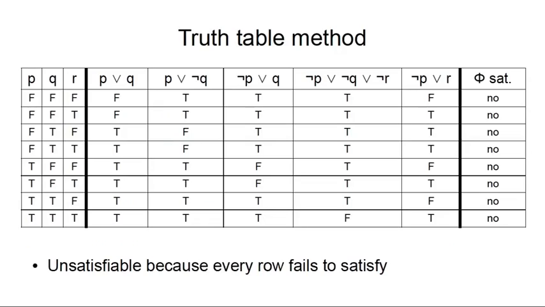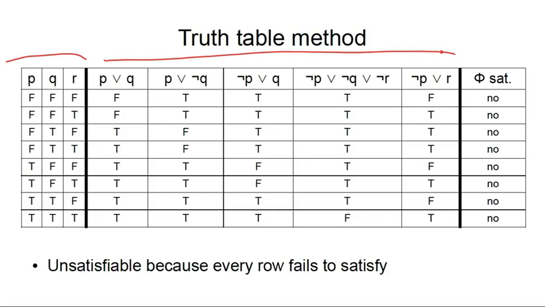We should all be familiar with this method from all the way back in week 2 of the course. On the left-hand side, we have the first 3 columns giving us all the different truth assignments on P, Q, and R. Then we look at which of the sentences in phi evaluate to true and which to false.